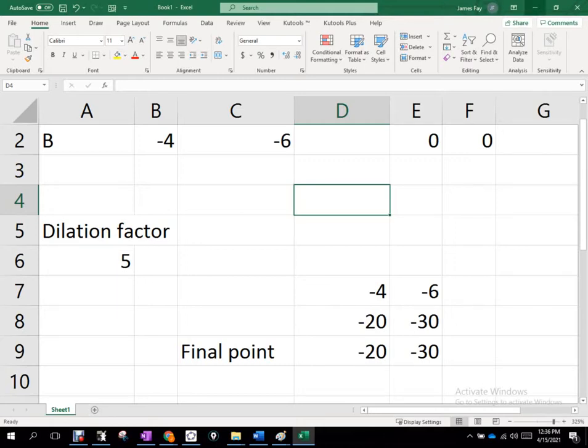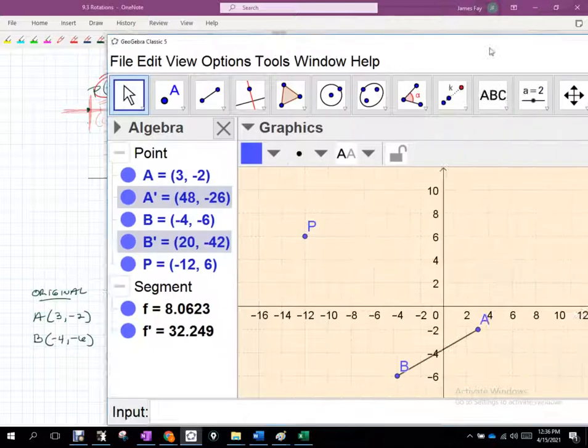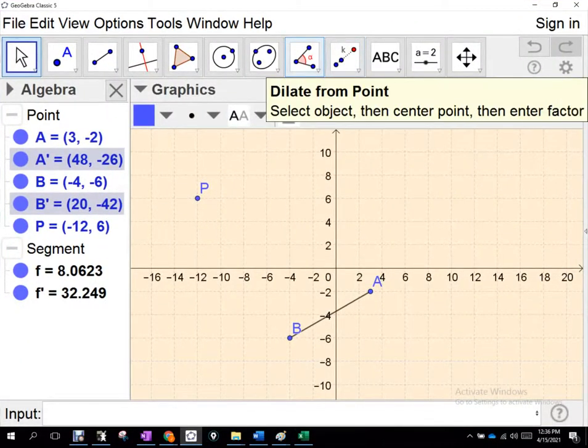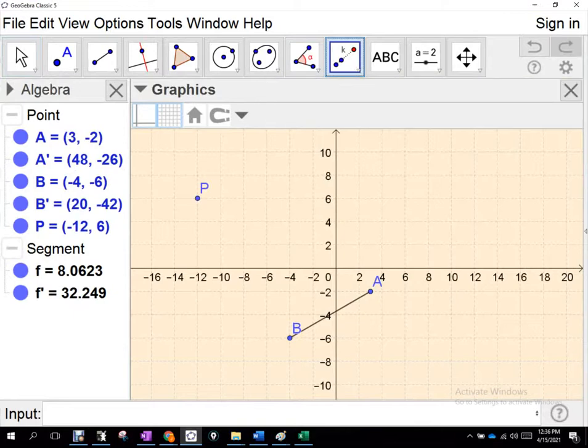The reason I show you that is because that is exactly what GeoGebra is doing when I click on this button here and say I want to select that. What it does right there is it captures the ordered pairs for A and B. In the background, where you can't see it, in the coding, it captures those ordered pairs for A and B.